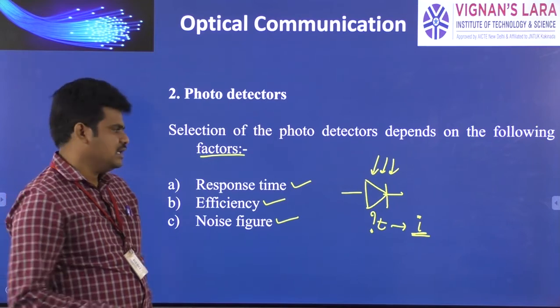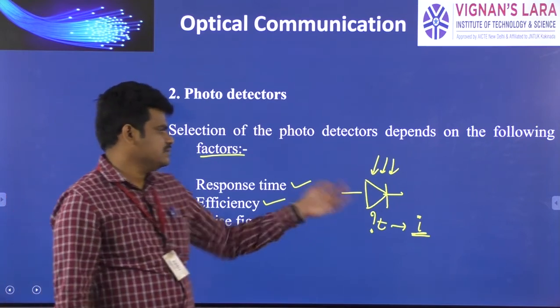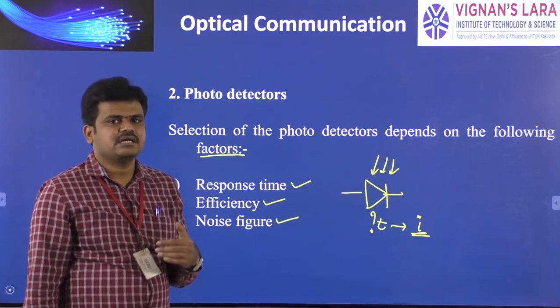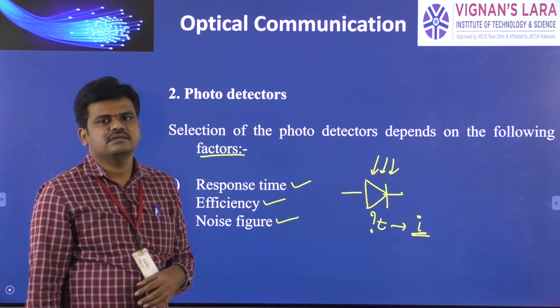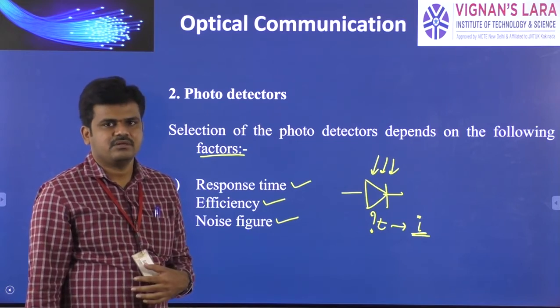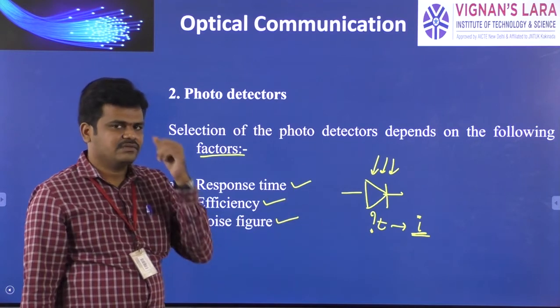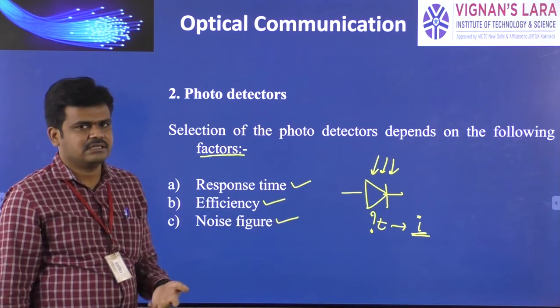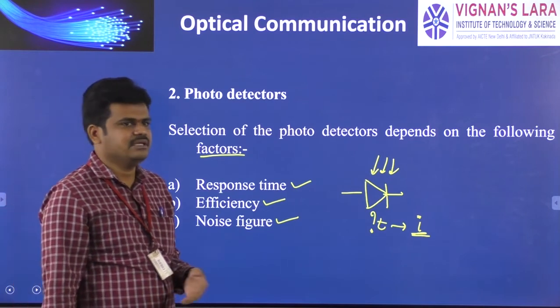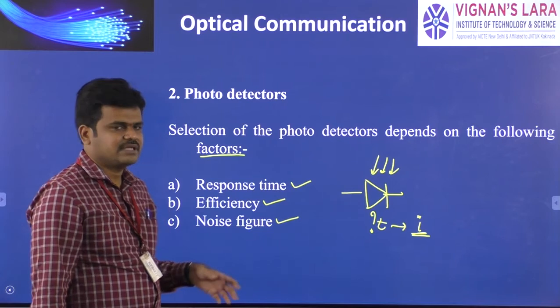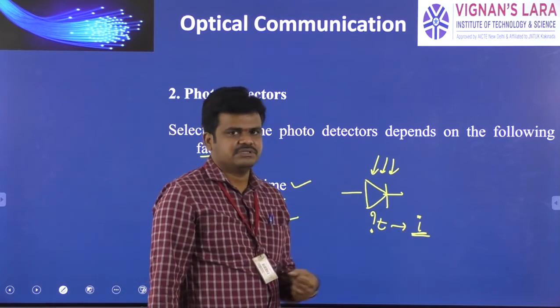Or I can say, how much time is the diode taking to produce electron hole pairs inside the semiconductor, when the light is falling on the photodetector, whether it may be a pin photodetector or an avalanche photodetector, whatever it may be. After how much time is the current produced?